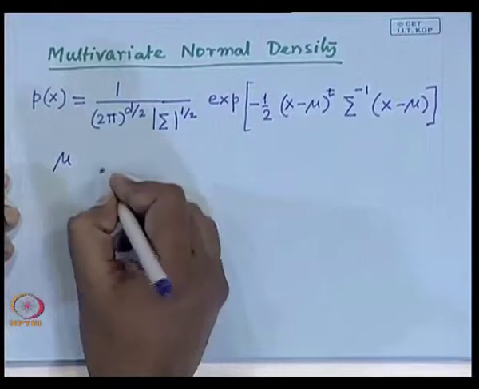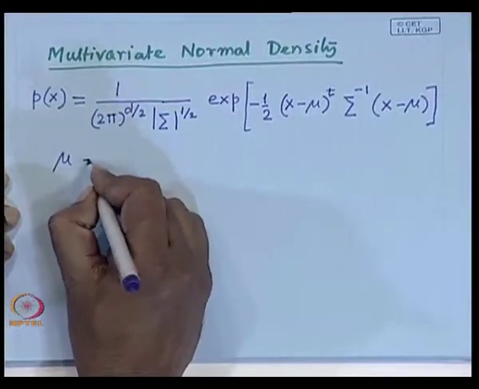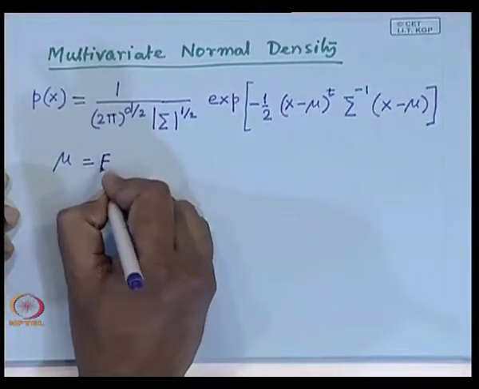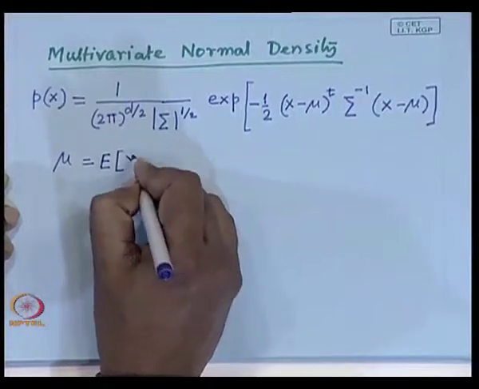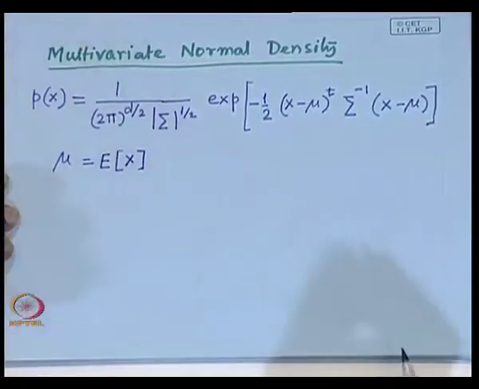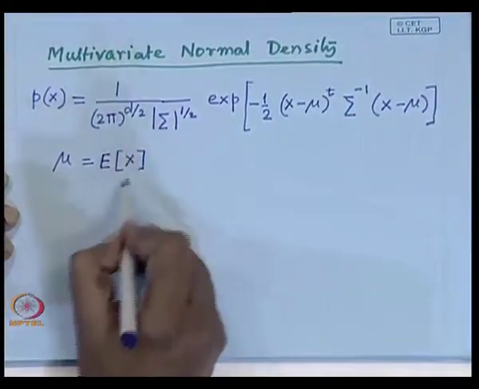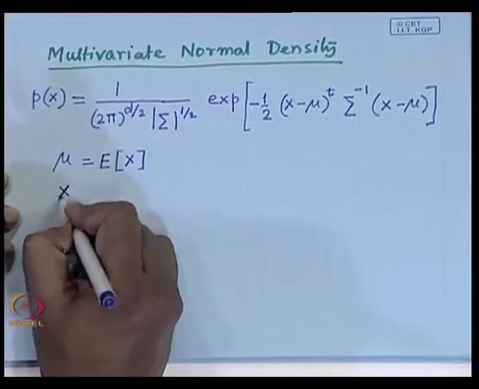So, mu is nothing but as before the expected value of the feature vector X, where X is a d-dimensional vector.